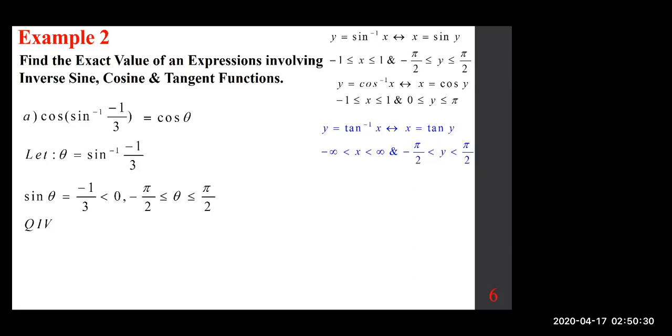We said sine is y over r. So negative 1/3. That means y must be negative 1, r must be 3, x must be missing. x squared plus y squared equals r squared.